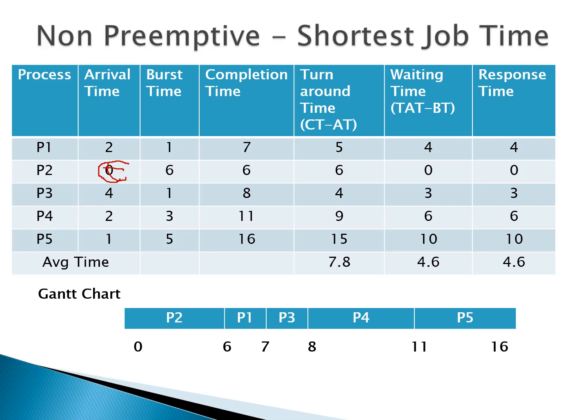And next, P3 enters, and that completes at 8 unit time. Then between P4 and P5, P4 has the lower burst time, so P4 is executed for 3 unit time.